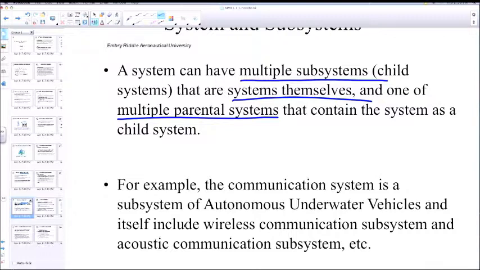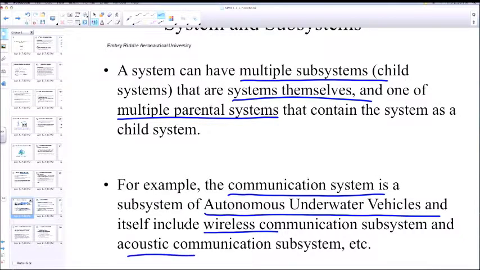Now, an example. When I consider an autonomous underwater vehicle, AUV, as a system, the AUV has communication subsystems. And these communication subsystems have their own subsystems, like wireless communication by Wi-Fi or an acoustic subsystem.